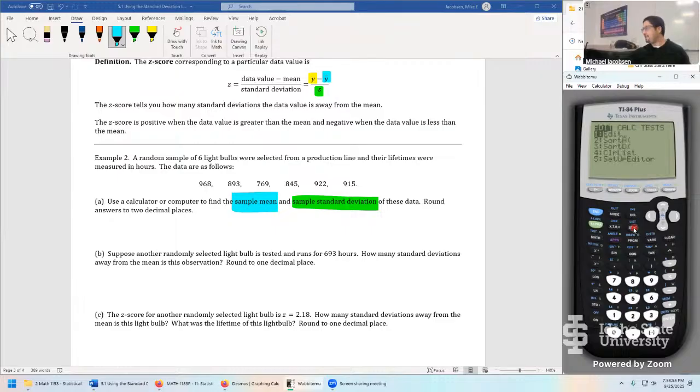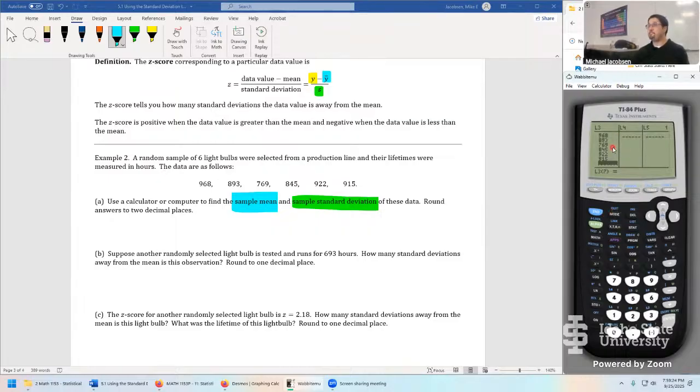So hit the stat key, hit enter. Looks like I already cleared out my variables, so I'll just type these in. Okay, I think I've got all the data in.